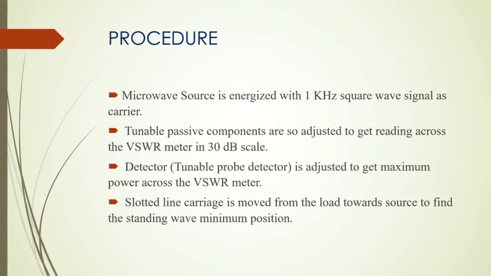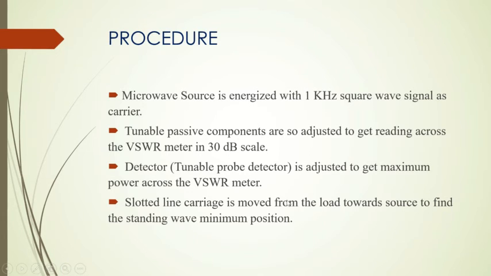So you energize your microwave source with a 1 kilohertz square wave signal as a carrier. Then you adjust your tunable passive components until you get your VSWR meter to read 30 decibel, and then your detector is adjusted to get the maximum power across the VSWR meter.